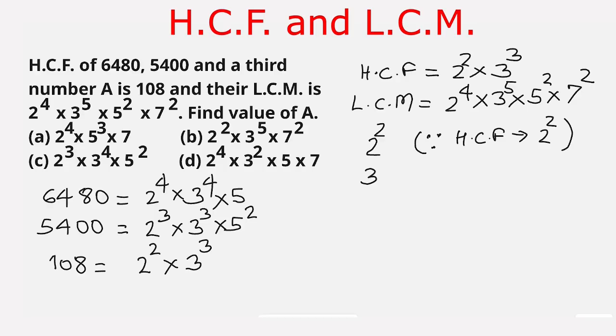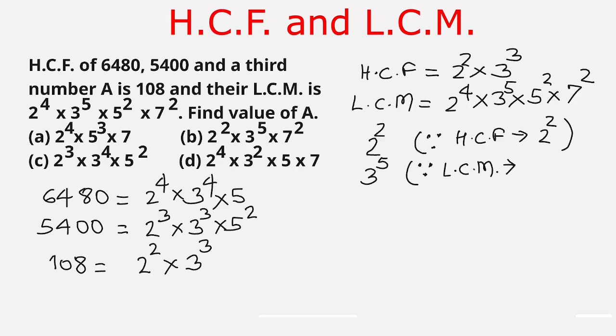Now the other prime number, 3, must have power 5, as the other two numbers do not contain 3 to the power 5, but LCM contains 3 to the power 5. It means that the third number should have the maximum power of 3.